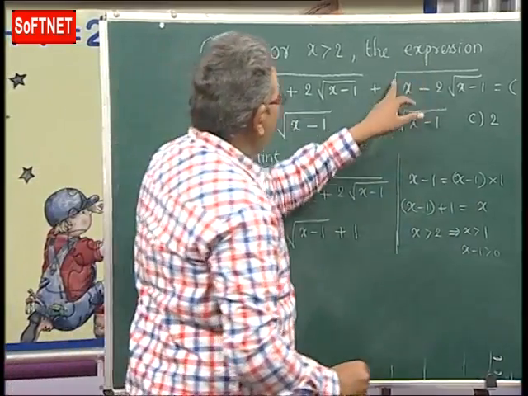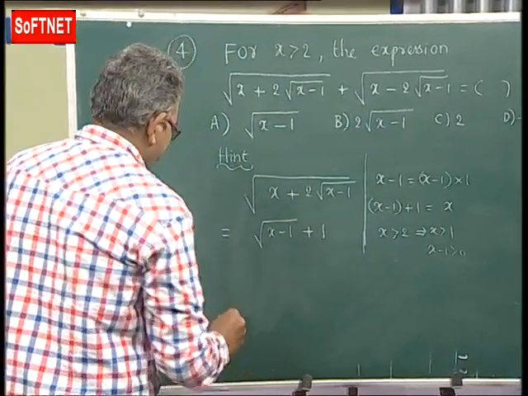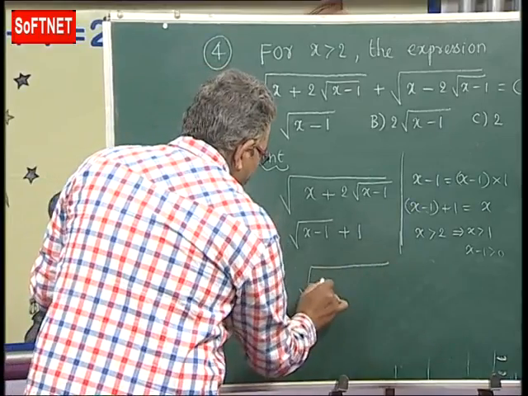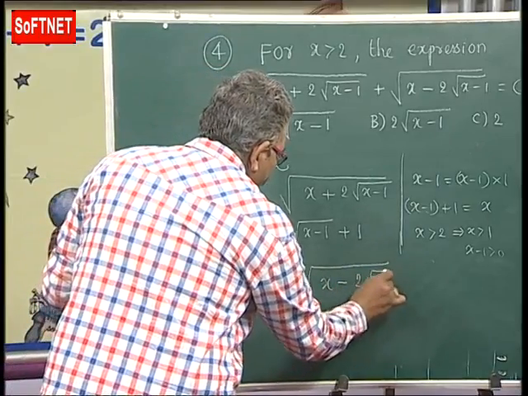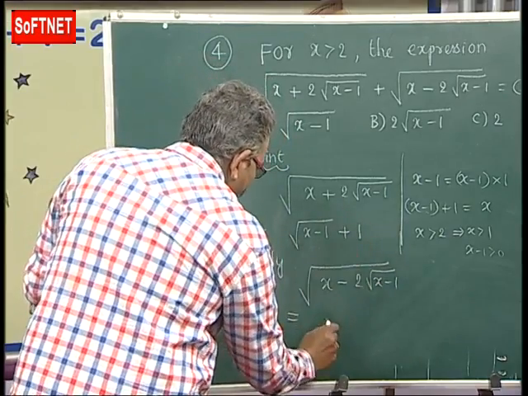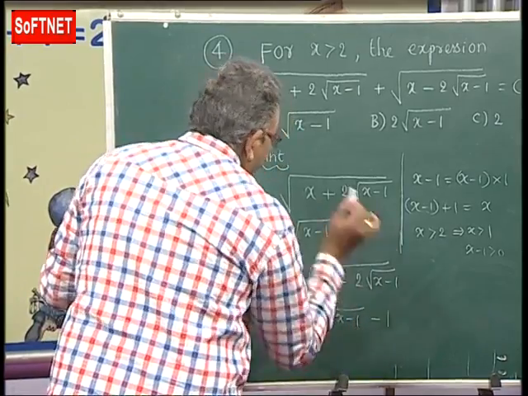Now what is the square root of the other one? Similarly, the square root of x minus 2 root of x minus 1 is its conjugate, root of x minus 1 minus 1.